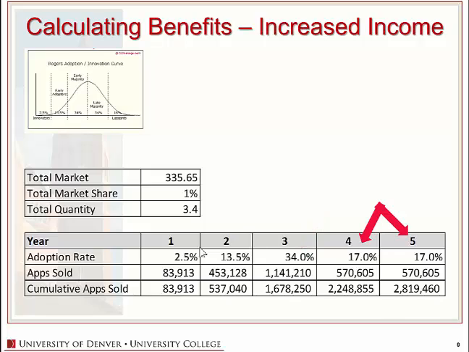And then in years 4 and 5, we split the adoption rate of 34% for the late majority and divide that evenly over 2 years. Now, note that the total apps sold does not come to 3.4 million sales because we never do get the laggards.